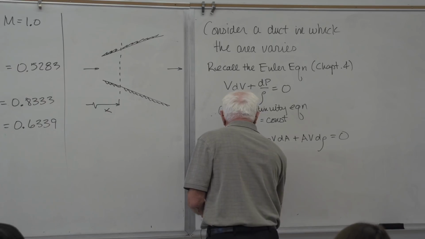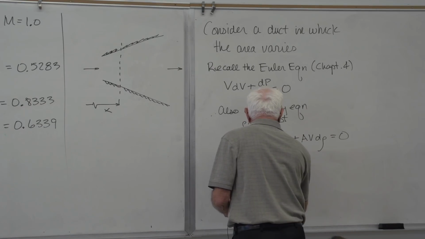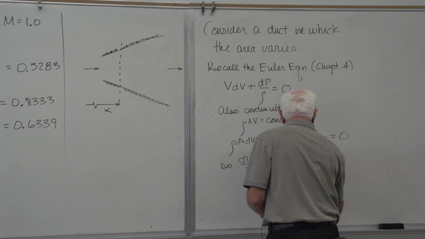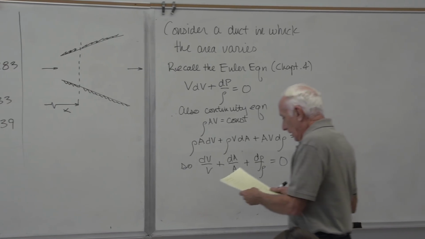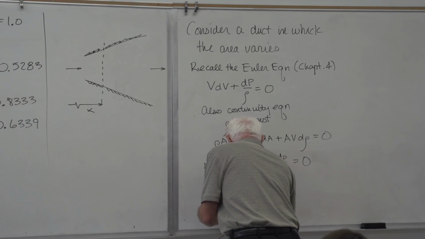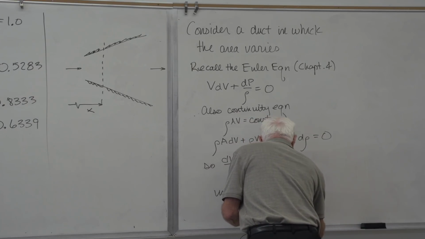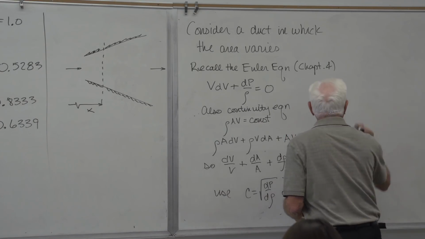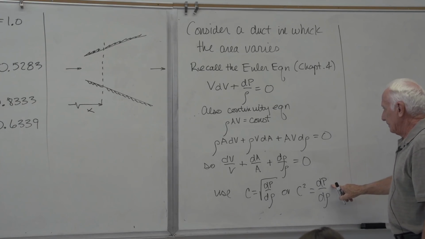Then we're going to divide through by rho A V to get dV over V plus dA over A plus d rho over rho equals 0. Now we go ahead and use what we had from the speed of sound: c equals the square root of dP d rho, so c squared equals dP d rho.